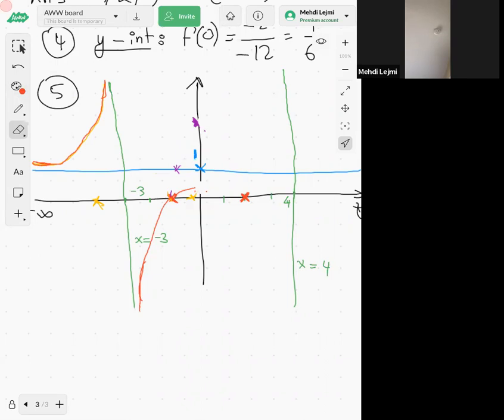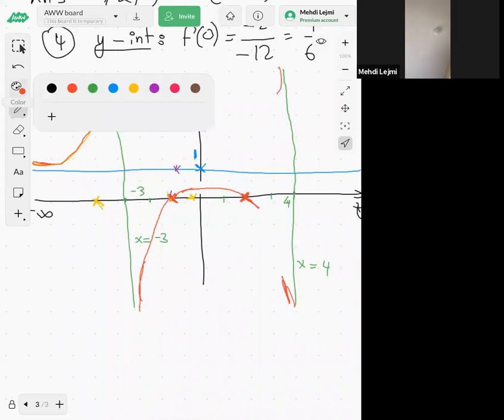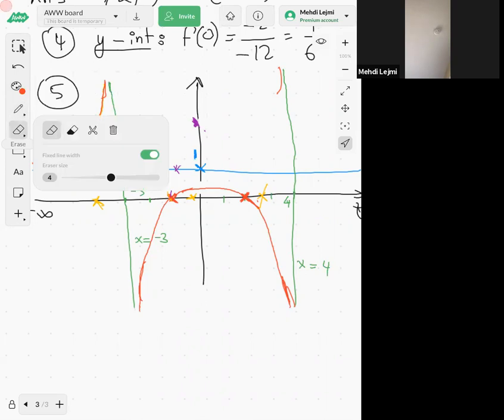It's the 1/6, and then I'm going to go to my next x-intercept, and of course I'm going to have two options. But we would have to go down, because if you go up, then you're going to have another x-intercept, but you don't have an x-intercept there. So you will have to go down, all the way down here. And finally, the last part of the graph.